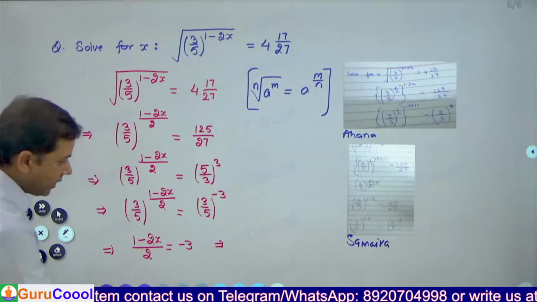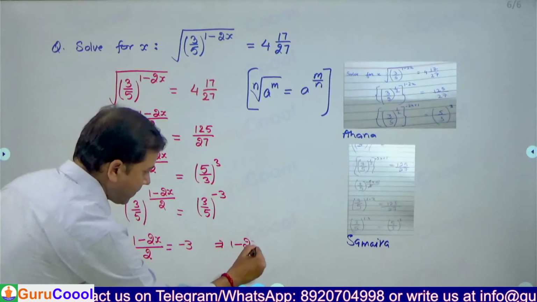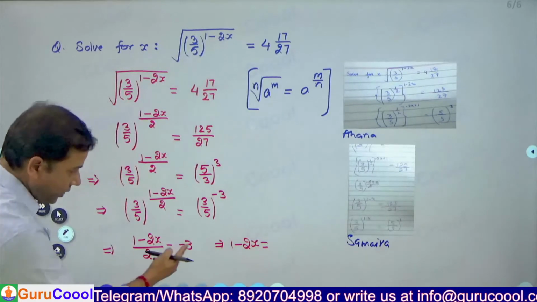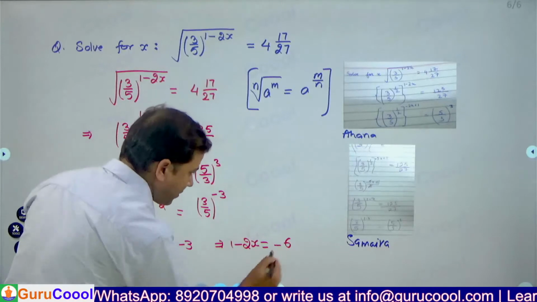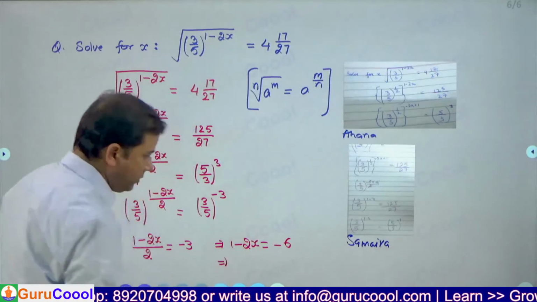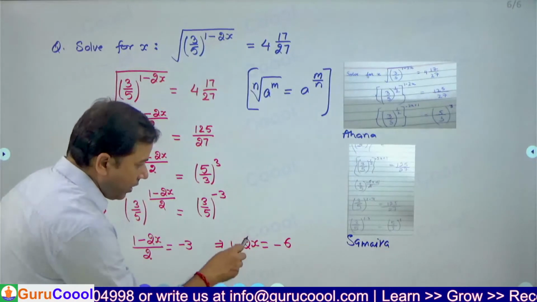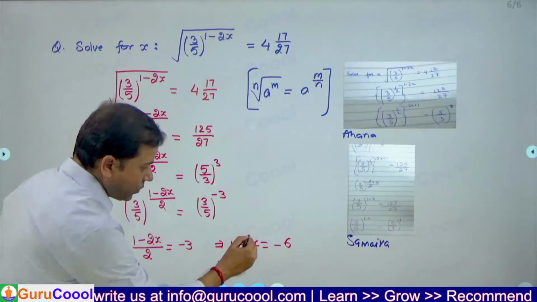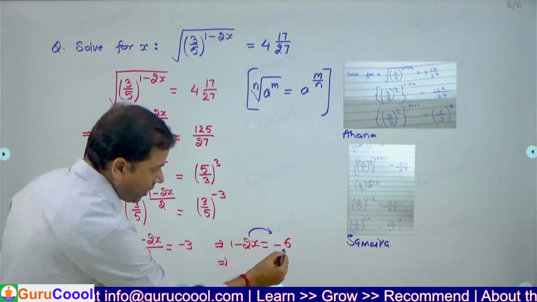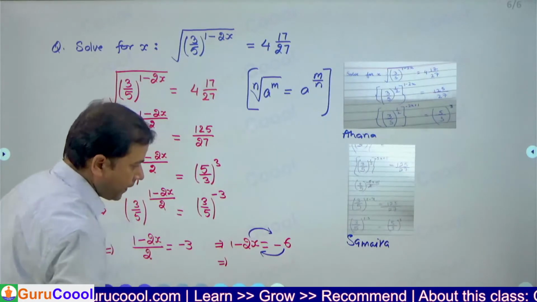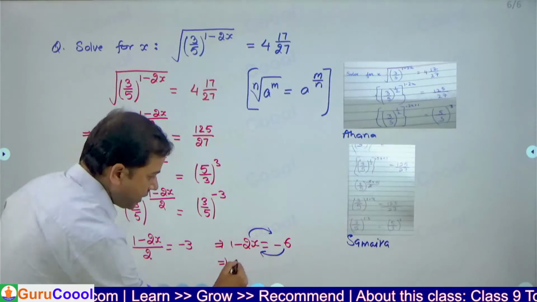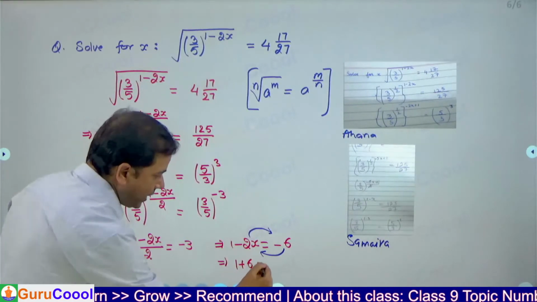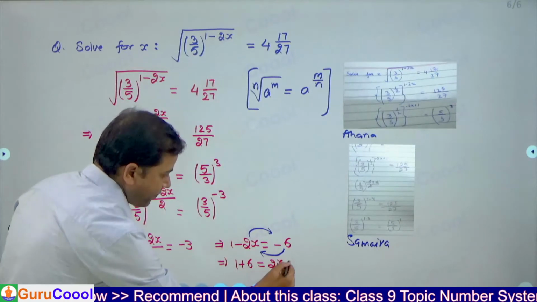Cross multiplying will give us 1 minus 2x equals 2 times 3, which is 6 with a negative sign. Now let us interchange minus 2x to the right side and minus 6 to the left side. So 1 plus 6 on the left side and 2x on the right side.